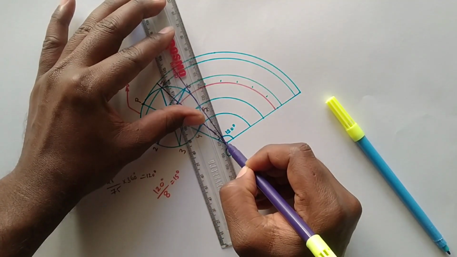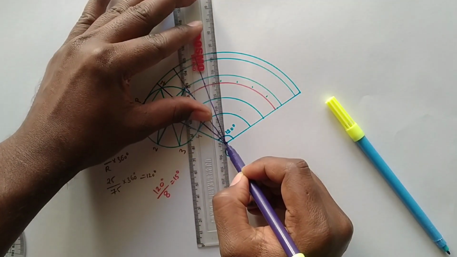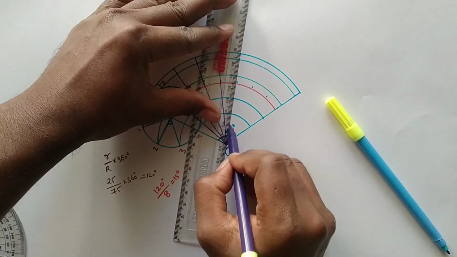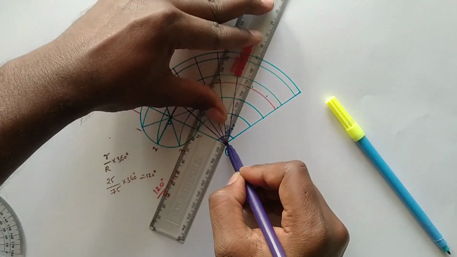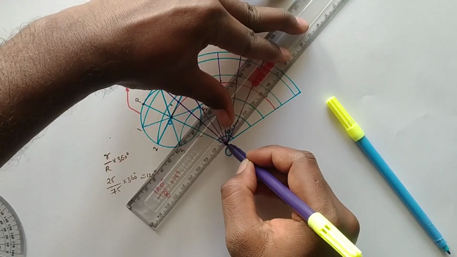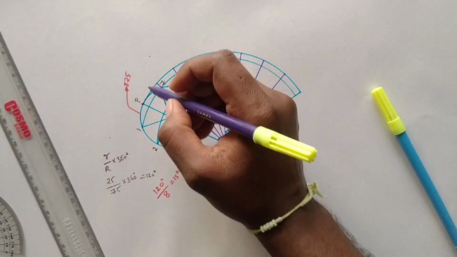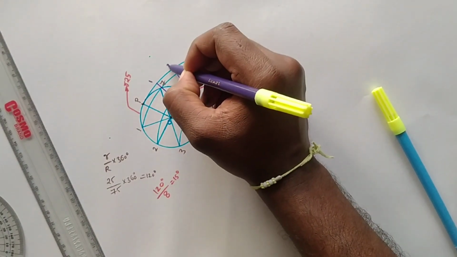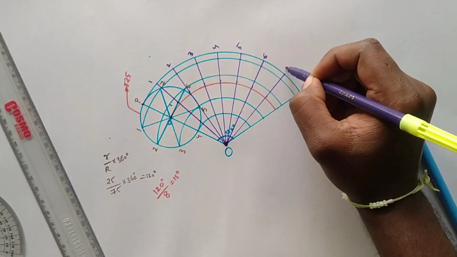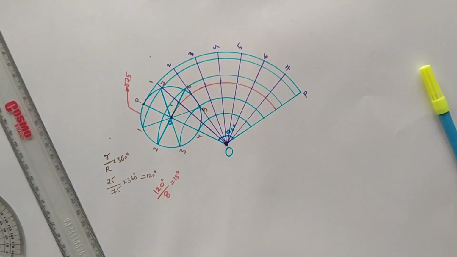That means 8 equal parts. Name them: this is 1, this is 2, and this is 3, 4, 5, 6, 7, and finally the 8th part is P.